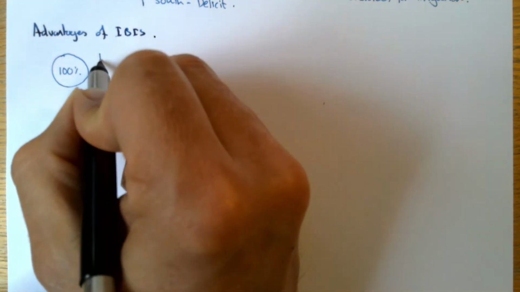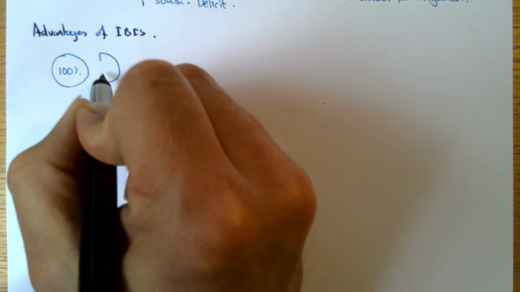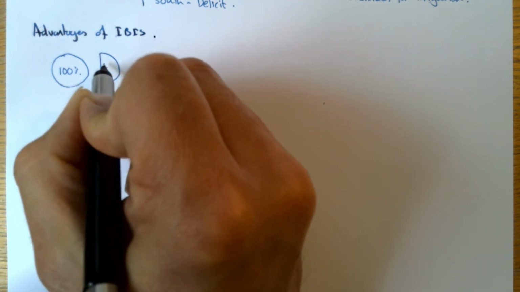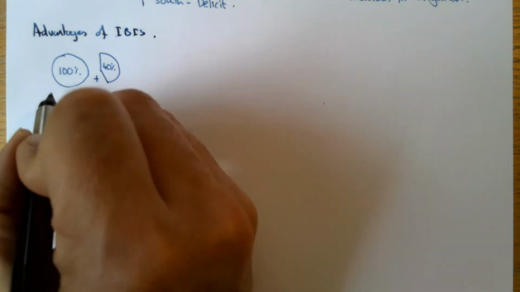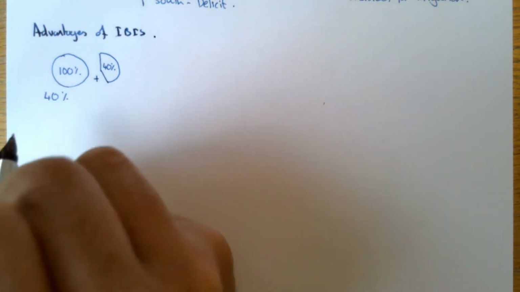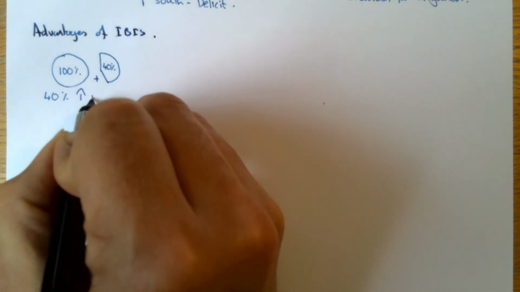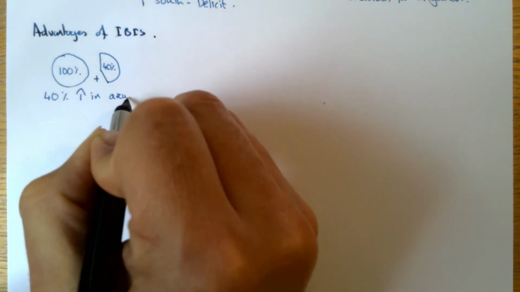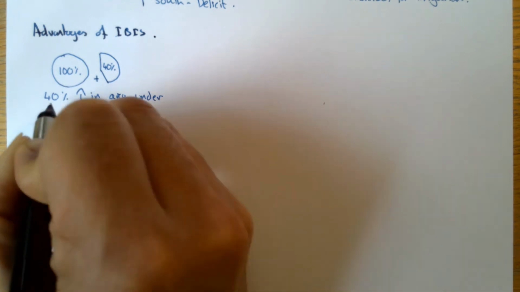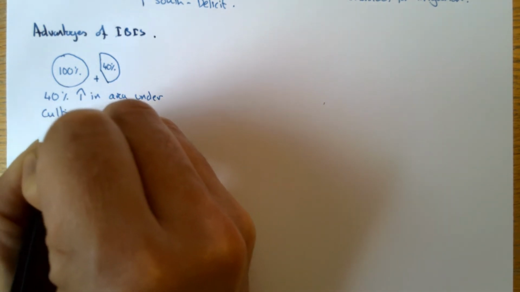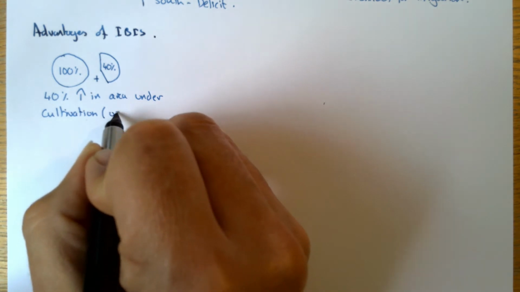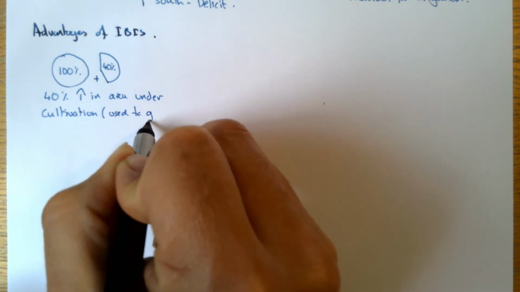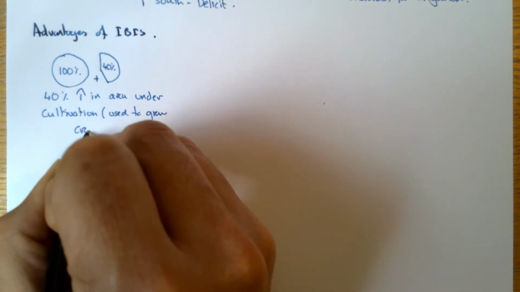After IBIS, that area increased by 40%. So we can say that there was a 40% increase in area under cultivation. That means used to grow crops.